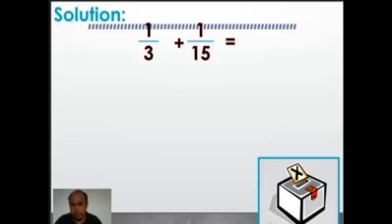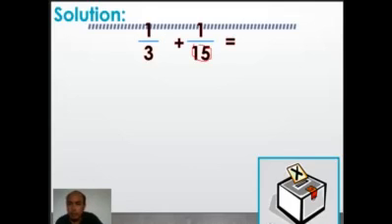Since 3 is the lower denominator, we will adjust the 3 to make it similar to 15. Okay, so it is easy.